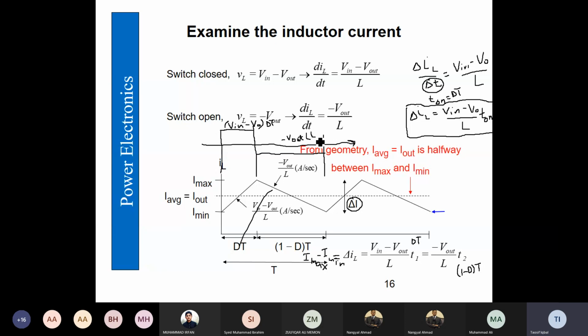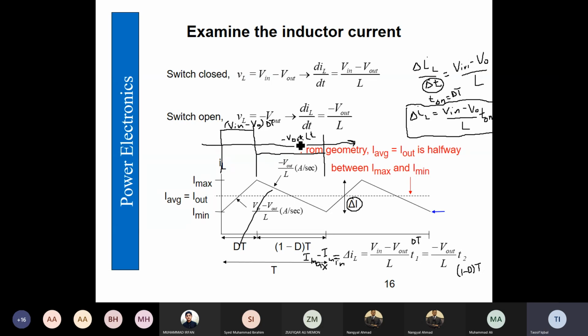and T off time, because depending upon duty cycle, if we take the duty cycle to the extremes, the first extreme is if the duty cycle becomes 1, okay? So if the duty cycle becomes 1, then obviously V in minus V out multiplied by the total time period is the voltage appearing across the inductor.